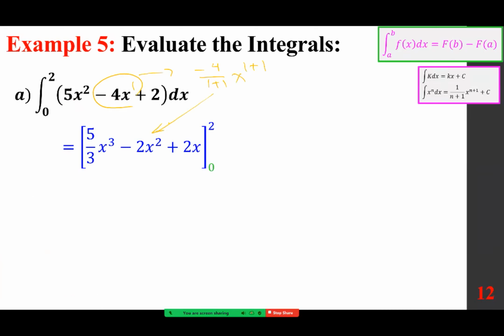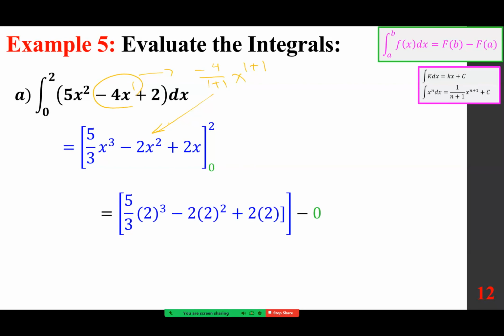I hope everybody can see that when I plug in 0, I get 0. So just plug in 2. 0 simply makes it 0 because everything involves x. And this is 8. And actually, this is 4.